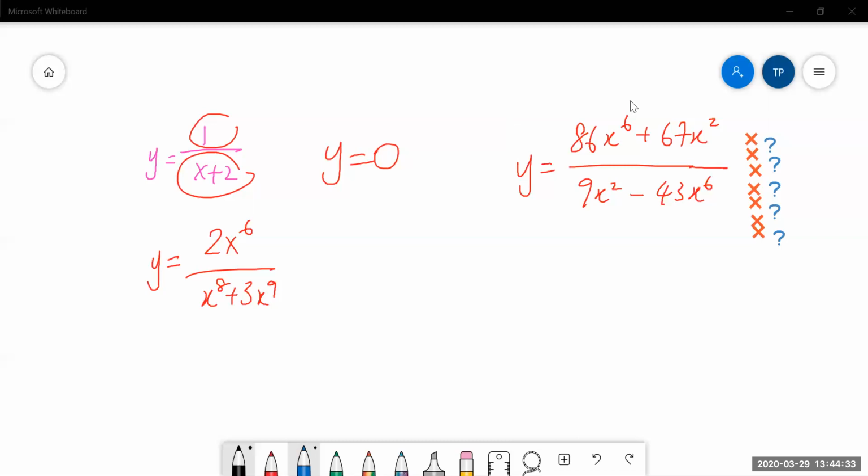Wait, it's not 2, is it? You take the highest degree only. Yes, you are supposed to take the coefficient of the highest degree. So 86 divided by 43, right? No. Negative 43. Oh, wait, but here they didn't write it. They put it as positive.